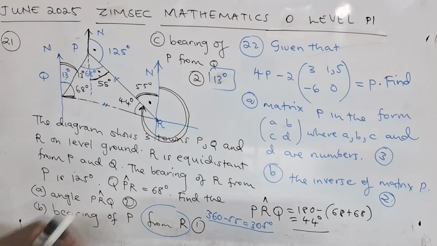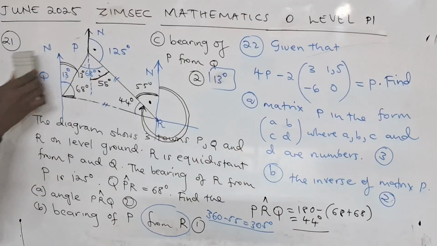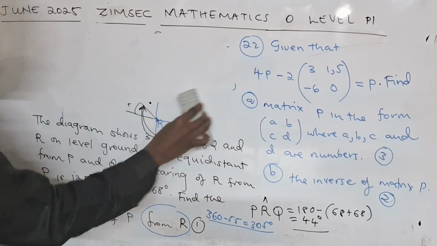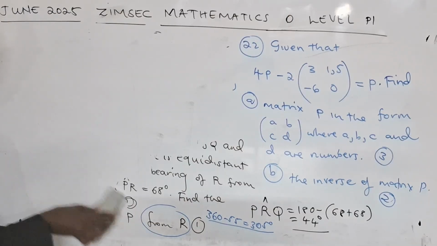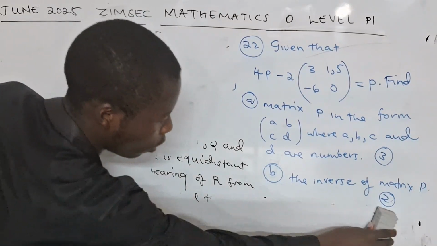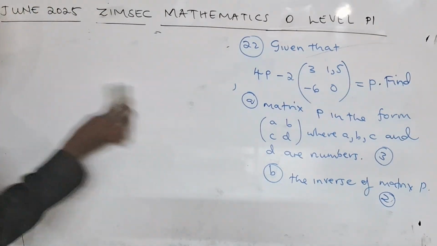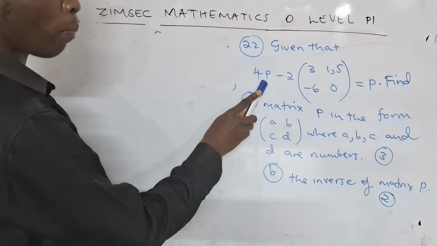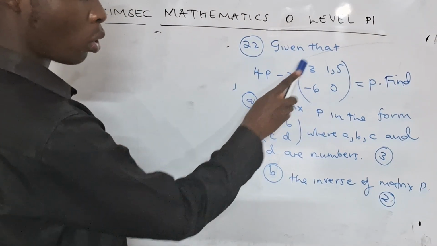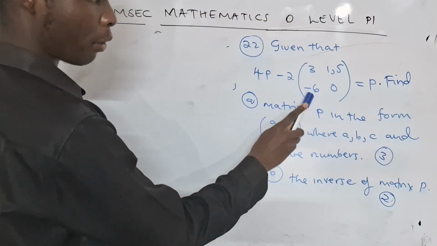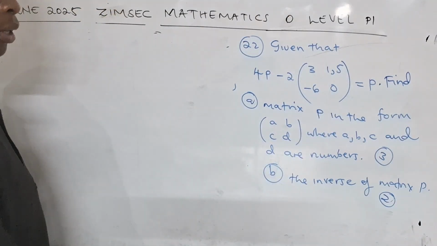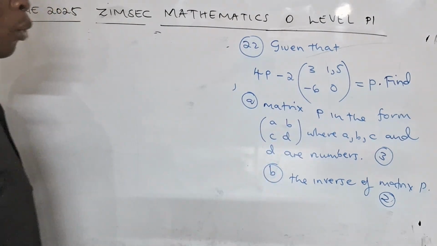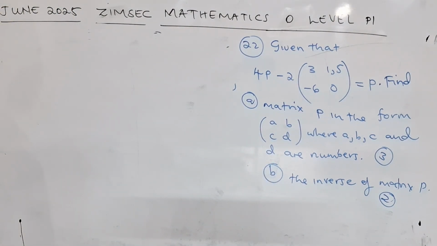Let's move on to question number 22, matrices. Given that 4P minus 2 multiplied by the matrix 3, 1.5, negative 6, 0 is equal to P, find the matrix of P in the form A, B, C, D, where A, B, C, and D are numbers.